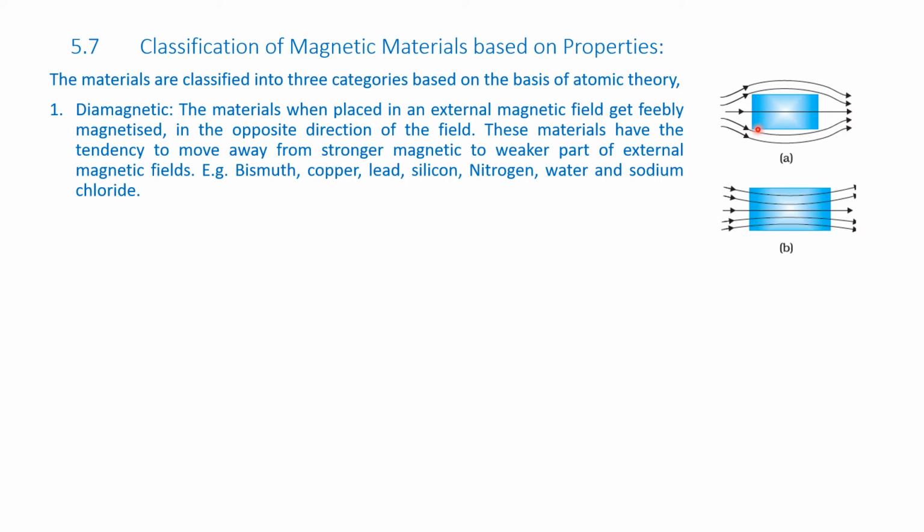For example, this diamagnetic material is placed here in a uniform magnetic field, but it does not allow the magnetic flux lines to pass through and they get diverted. Hence, these materials move from stronger to weaker parts of the external magnetic field. Examples of diamagnetic materials are bismuth, copper, lead, silicon, nitrogen, water and sodium chloride.